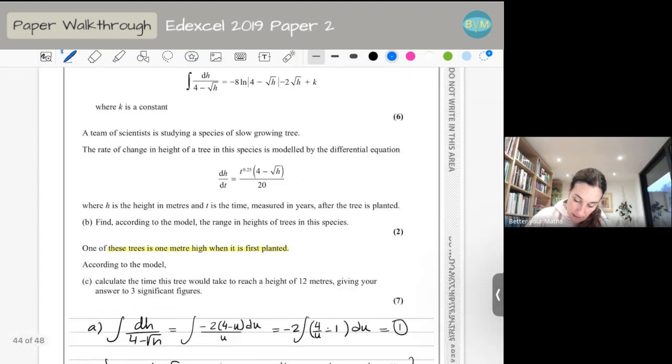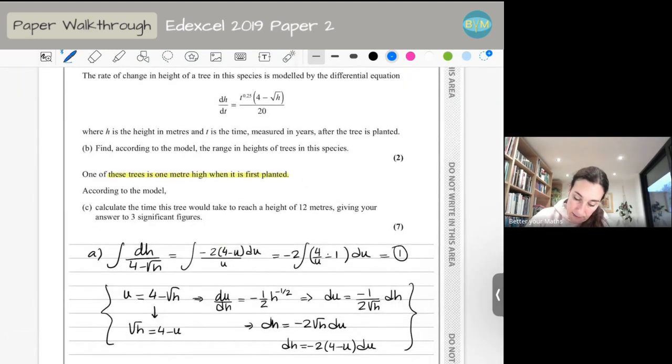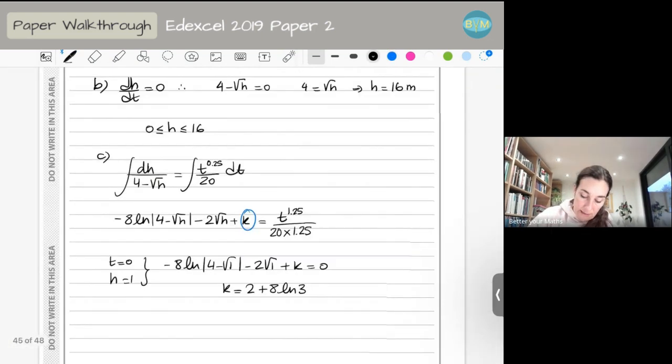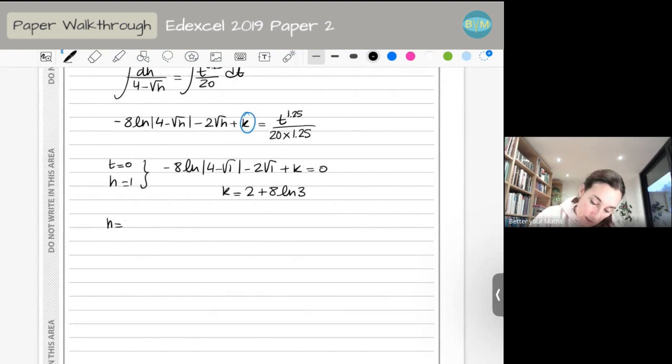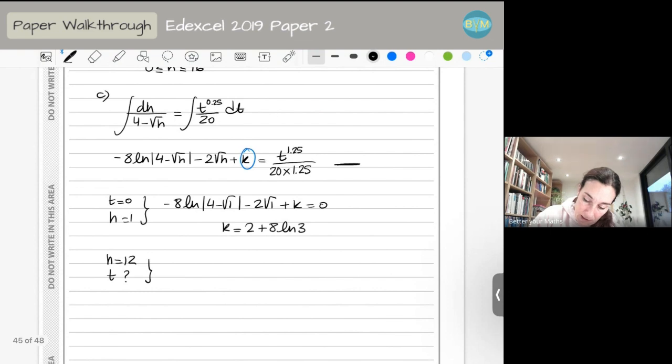So this is this k here. I need to find the time of the tree, so t when h is 12. So when h is 12, find t. So I'm going to my function here and substitute the h by 12.